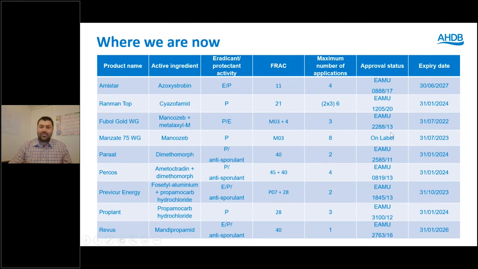I've added the approvals and their numbers here, so you can download those at your leisure. So effectively, we are still looking good at the moment in terms of products available to us and options that we can use to build our resistance management programs.